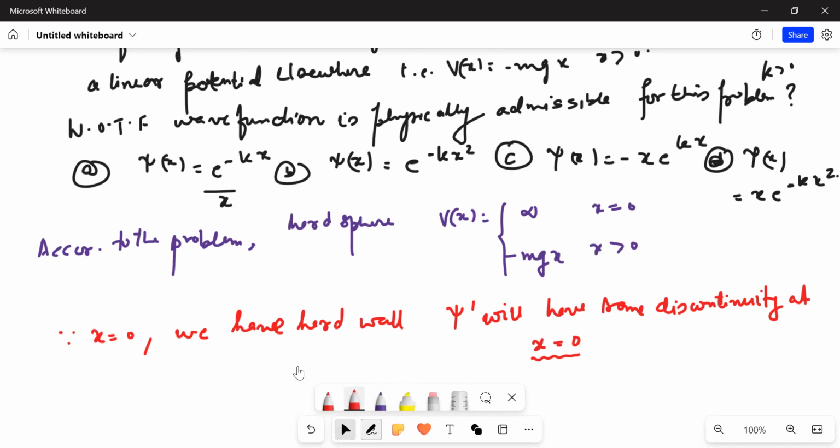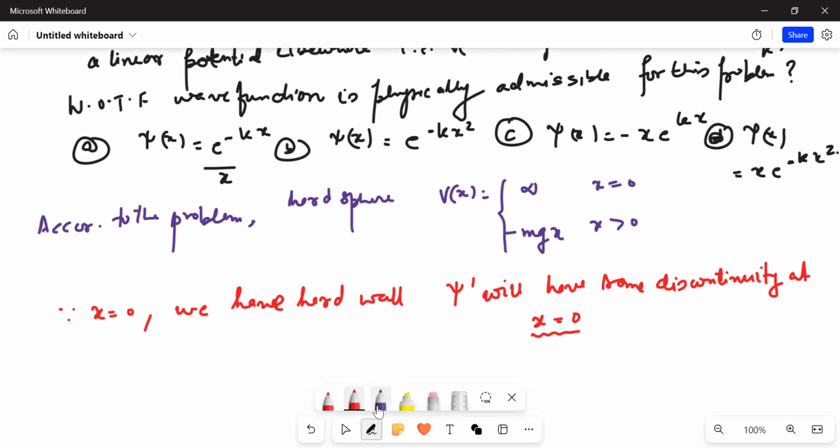This is clear? Okay, what else can be thought about? Another thing is that for all x greater than 0, psi x must be some finite value. And at x equal to 0, the wave function should be 0 because the potential is infinite.